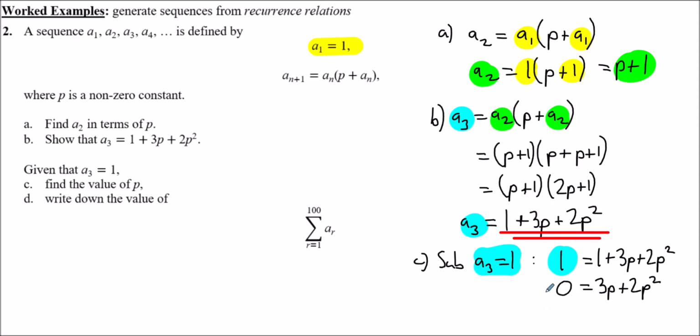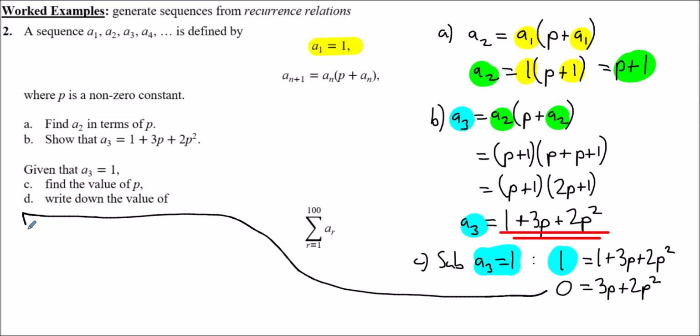I'm just going to move and give myself a bit more space over here. Like I was saying, this can factorise. I can factorise out a p on this side, so I'm going to get 0 equals p brackets (3 + 2p). Okay, so that's what I've got so far.